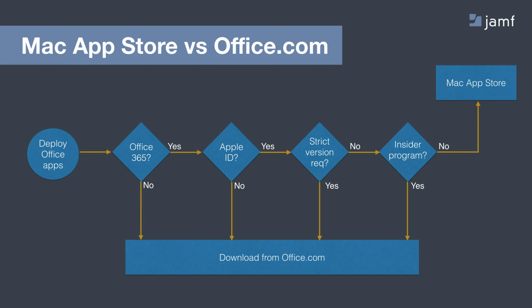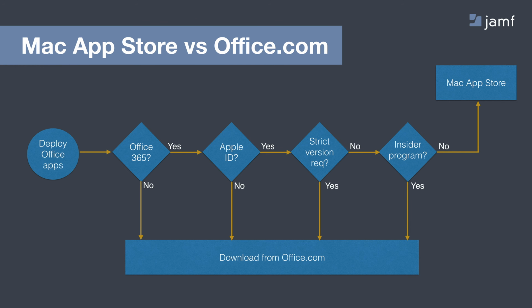The first question is that when you install Office from the Mac App Store, we only support the subscription license model, not volume license. So you need to be Office 365. If you are Office 365, then you check that box and move forward to the next question. This is probably the biggest deciding factor, and that is the use of the Apple ID.